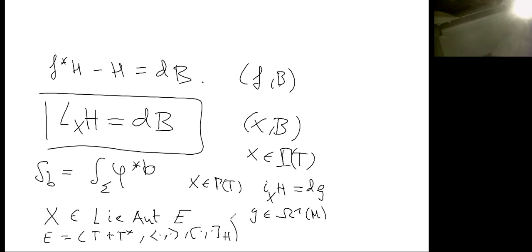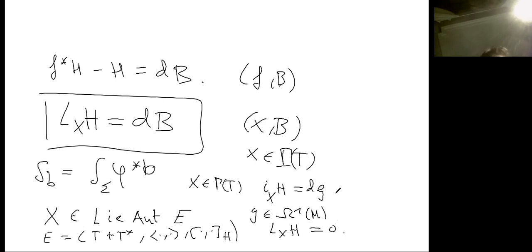And now it's correct, right? This X alone, with zero B field, is a symmetry of the Courant algebroid because L_X H equals 0, just because i_X H is dG.